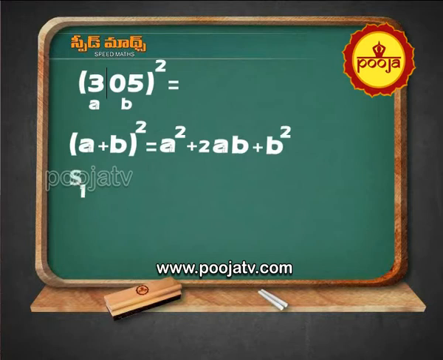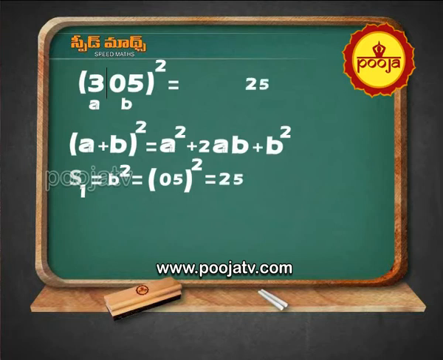Step 1: B square equals 5 square equals 25. 25 here. So 05 square is 25.